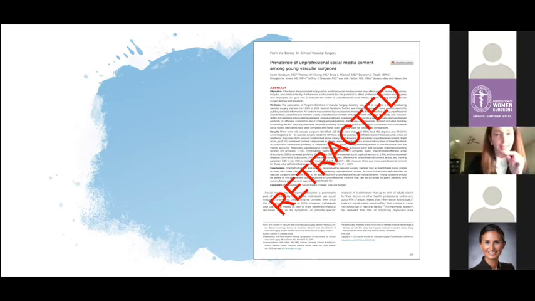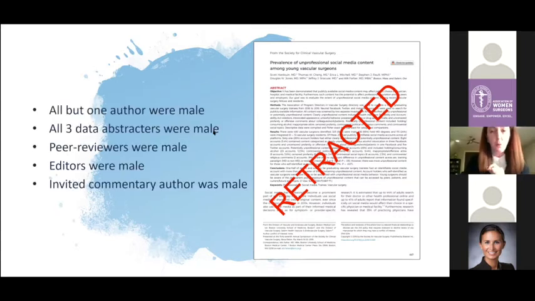So let me tell you a little bit about this. The publication looked at unprofessional and potentially unprofessional content of recent vascular surgery graduates on social media, so Facebook, Twitter, etc. And what we found after this was published is that all but one author is male.